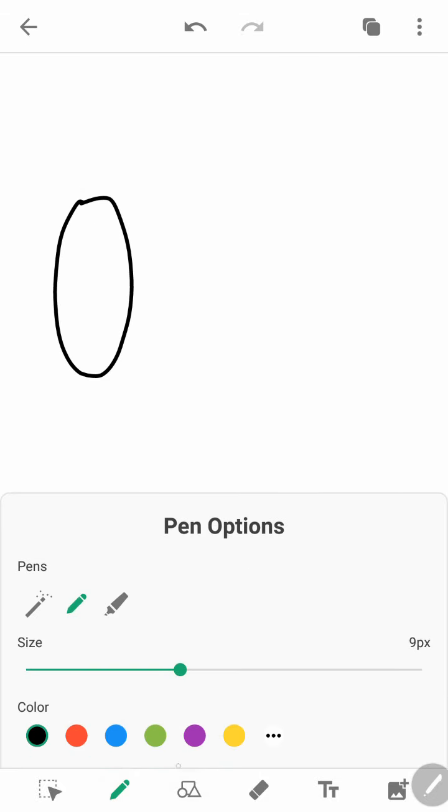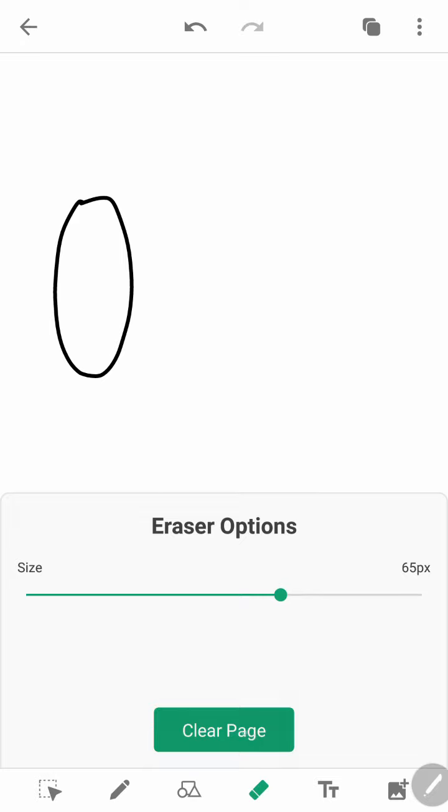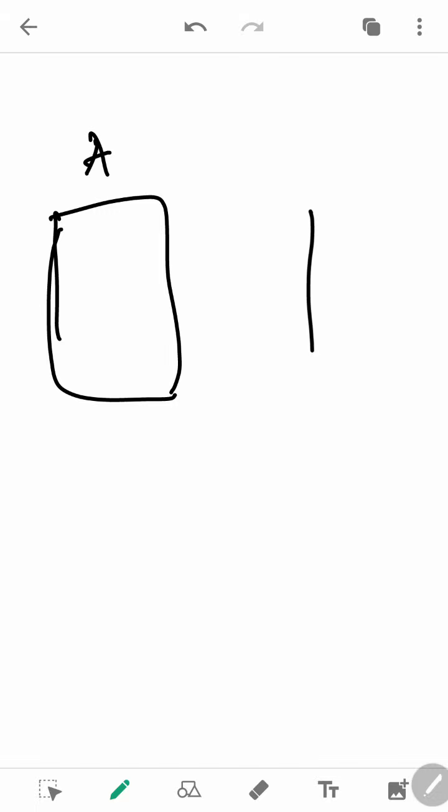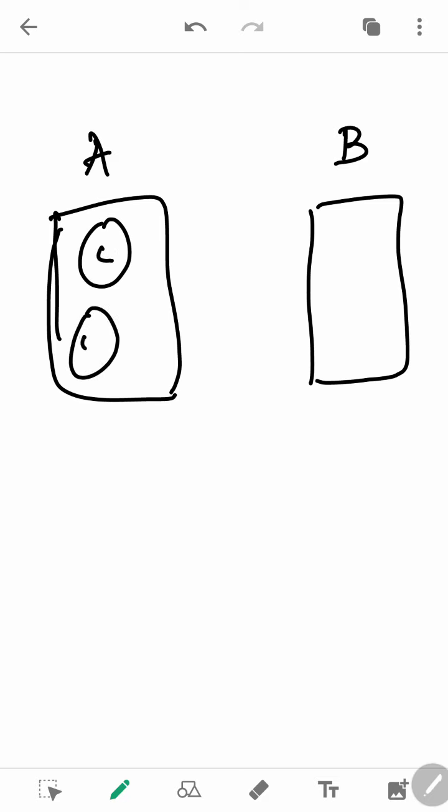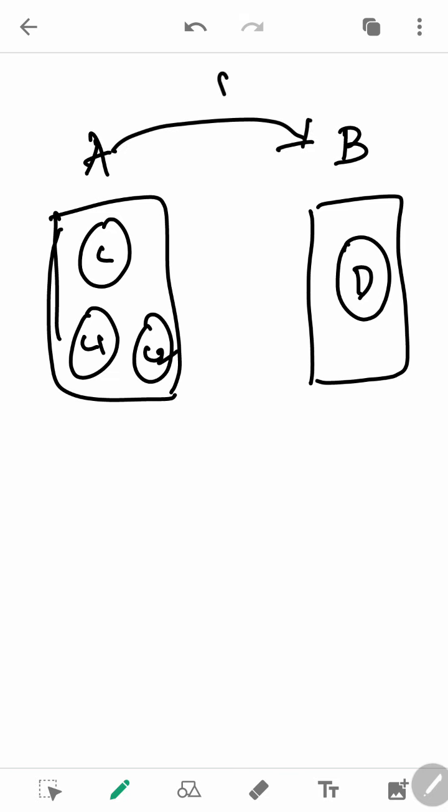We have two sets A and B, and C, C1 and C2 be subsets of A and let D be a subset of B.